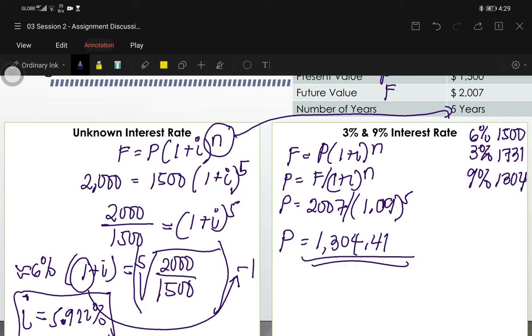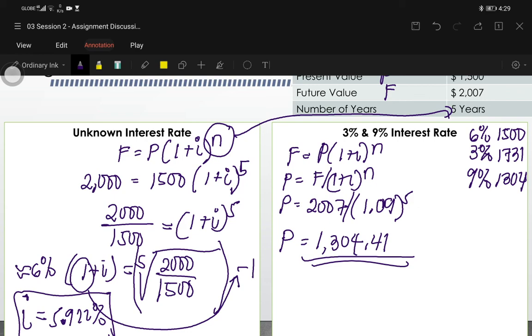So as you can see, the higher your interest rate, the lower the value of your investment, and the lower the interest rate earned, the higher the investment needed to give you the same amount of value at the end of 5 years.